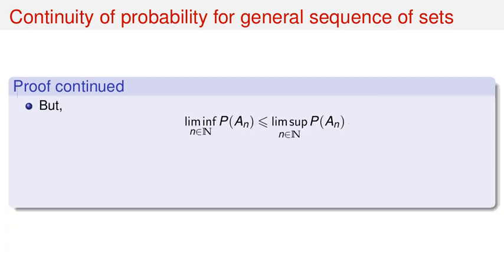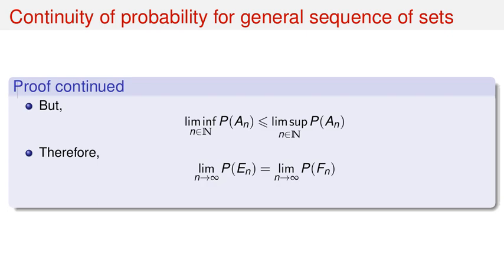Concluding the proof for general sequences, we know that lim inf of P of An is less than or equal to lim sup of P of An. This establishes that if the limit of An exists, meaning lim sup An equals lim inf An, then P of lim sup An equals P of lim inf An, which means limit P of En equals limit P of Fn.